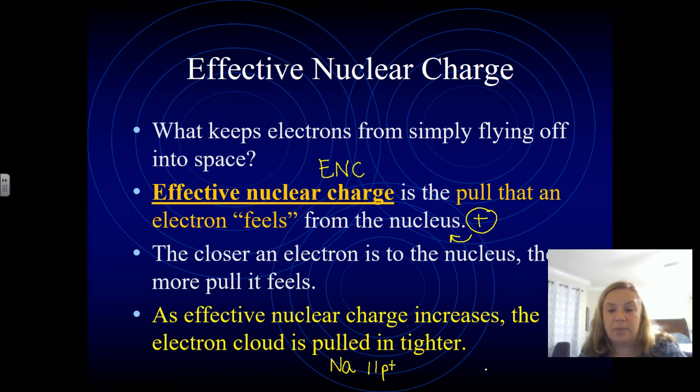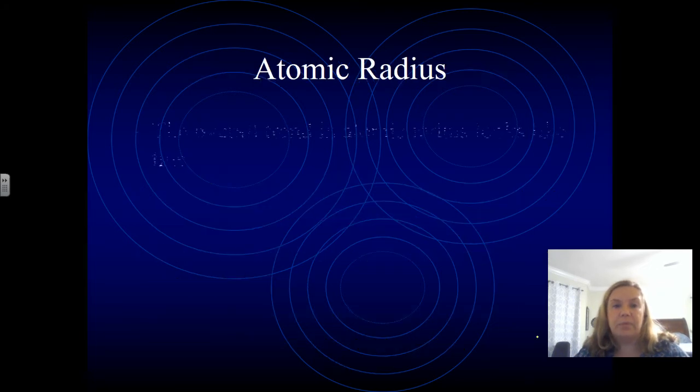Whereas if you go across on the periodic table, you're going to have argon, and argon has 18 protons and 18 electrons. Argon is actually going to be smaller, even though it has 18 protons and 18 electrons. The reason is because those 18 protons have a higher effective nuclear charge than those 11 protons from the sodium. Therefore, those 18 protons from argon are pulling those electrons in tighter.